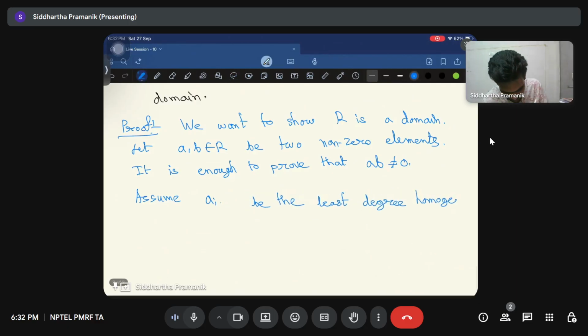So let Ai and Bj be the least degree homogeneous components of A and B respectively.